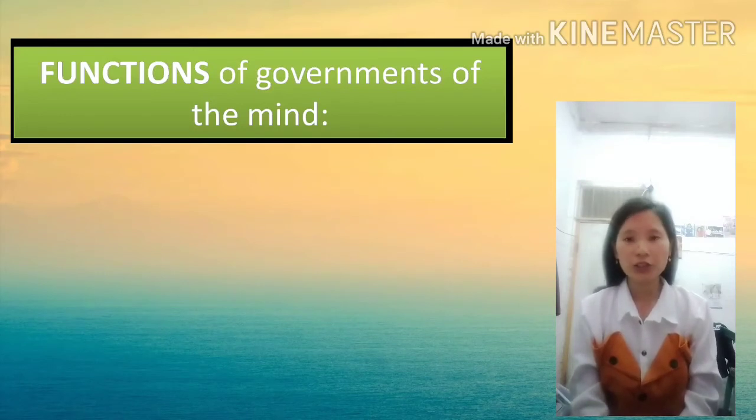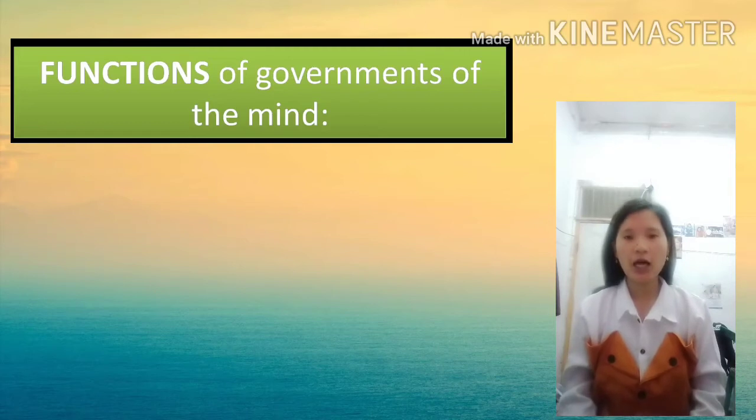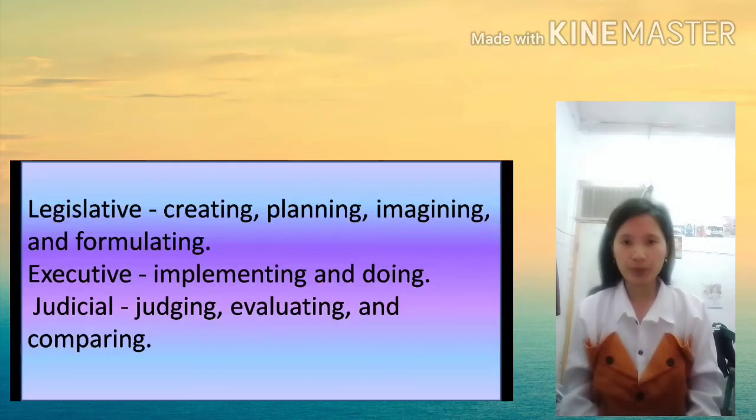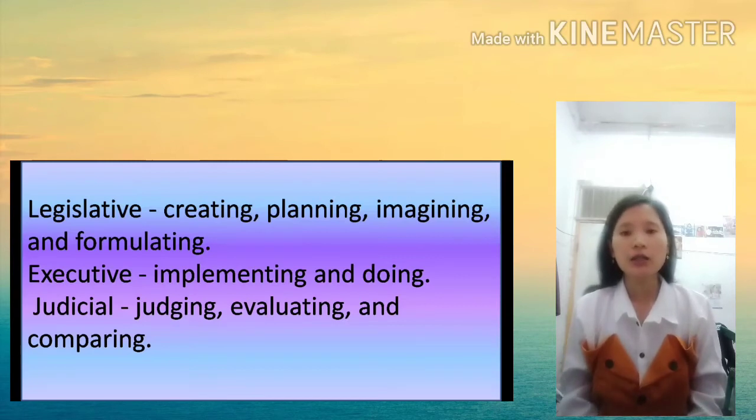Now I will continue. The mental self-government model includes three points: function, forms, and scope. The function includes legislative, executive, and judicial.